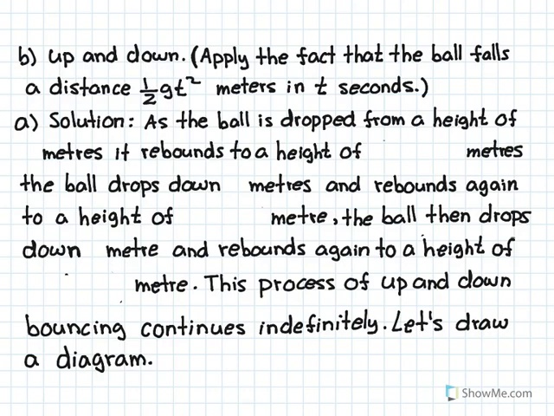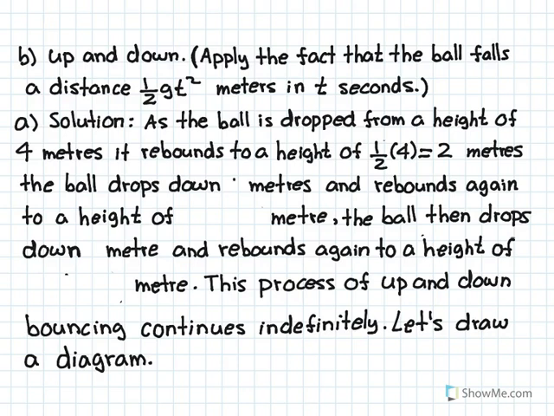Part A of the question. As the ball is dropped from a height of 4 meters, it rebounds to a height of 1/2 times 4, and that's because every time it rebounds to 50% of the previous height, and 50% is the same as 1/2. 1/2 times 4 gives us 2 meters. So it rebounds to a height of 2 meters, then it has to drop down exactly the same distance it went up.